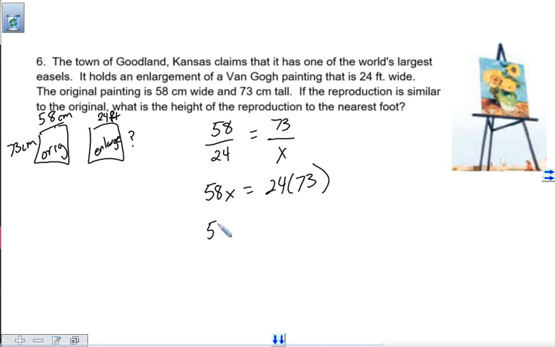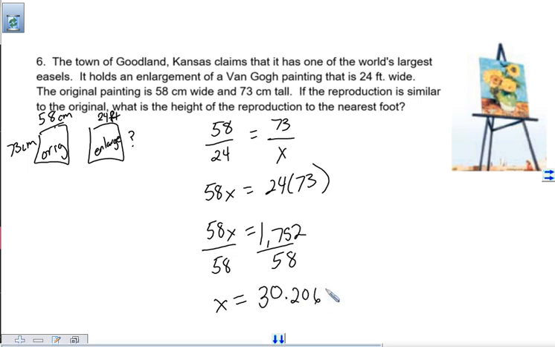And 58x equals 1,752, and then we divide by 58 on both sides. And that gets us 30.20689.